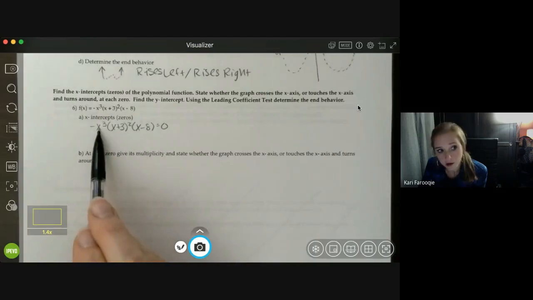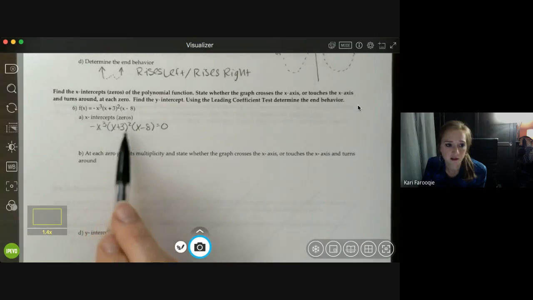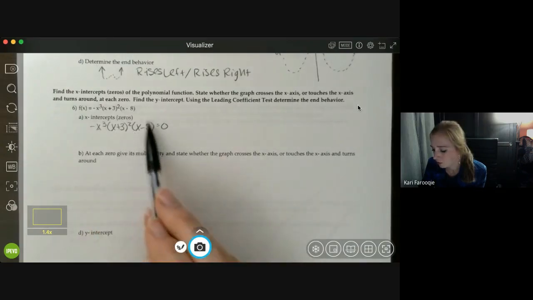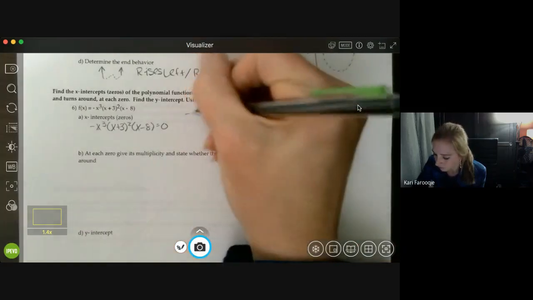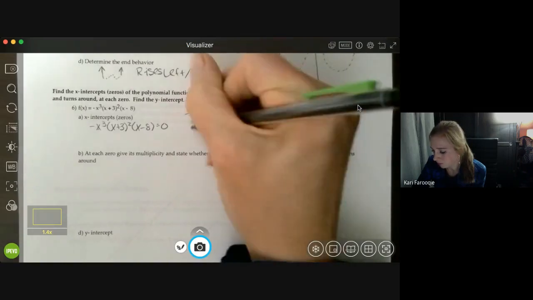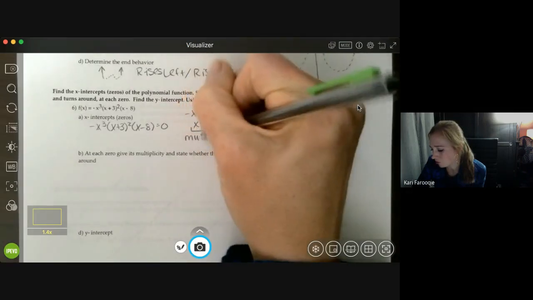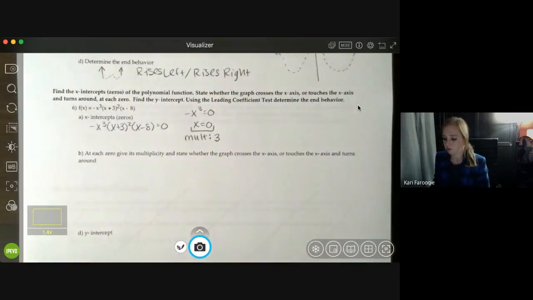The 0 that we're going to get from here will be 0. That's going to have a multiplicity of 3. This guy is going to give us x equals -3. It's going to have a multiplicity of 2. This factor will give us a 0 of 8, and it will have a multiplicity of 1. Okay, so here is where we have these multiplicities.